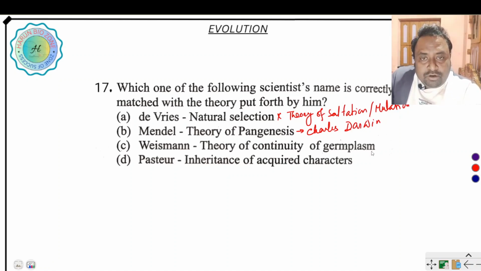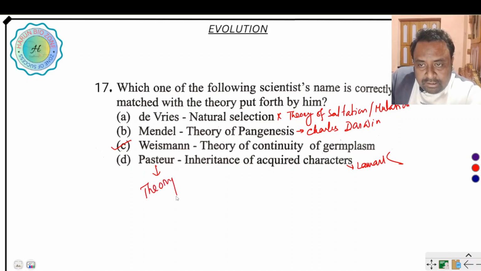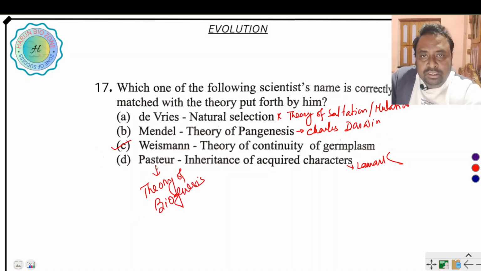August Weismann: theory of continuity of germplasm. Inheritance of acquired characters was proposed by Lamarck. Louis Pasteur showed the theory of biogenesis. Natural selection was proposed by Charles Darwin.